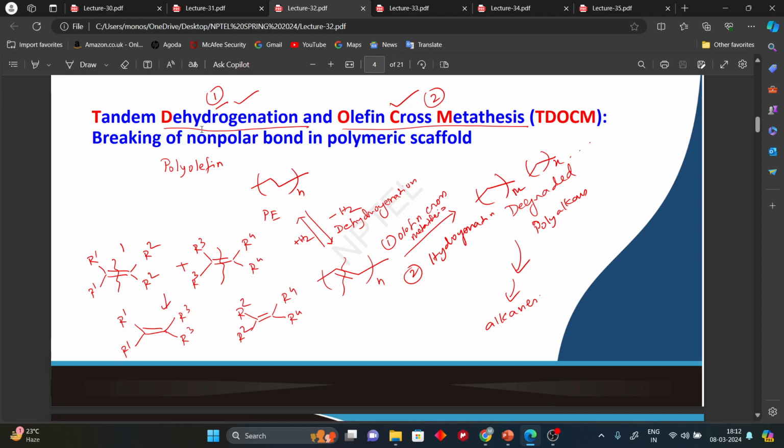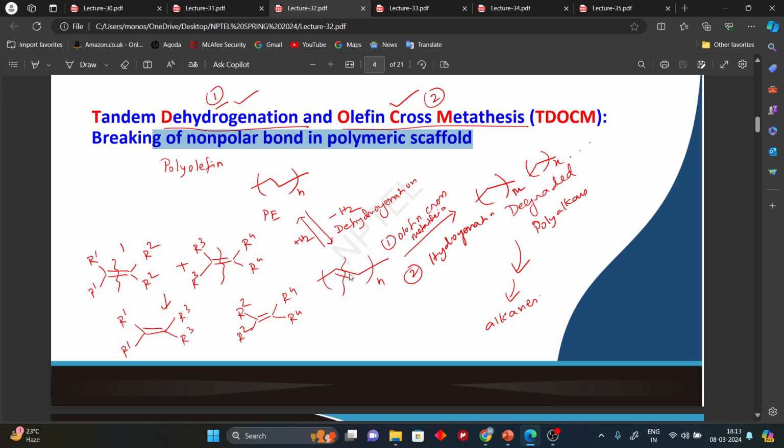Tandem dehydrogenation and olefin cross metathesis, TDOCM. For this kind of reaction, what happens is breaking of non-polar bonds in the polymeric chain. If you have this kind of polymerization, this can be reversible under particular conditions.